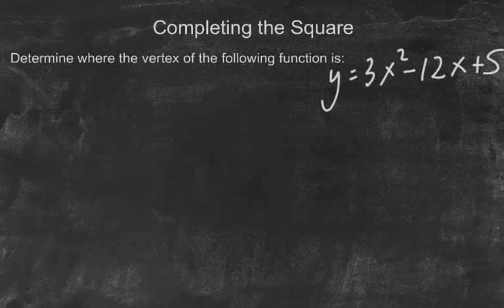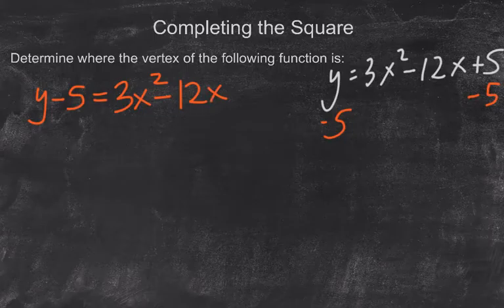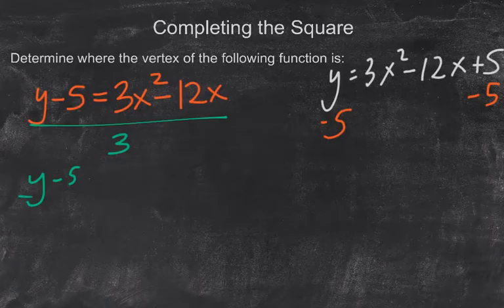So what I'm going to do is first just move over my units, because they're the piece that when I divided by 3, I didn't get an integer. So y minus 5 equals 3x squared minus 12x. And now I can take that step of dividing everything by 3. So 5 less than y divided by 3 is equal to x squared minus 4x.